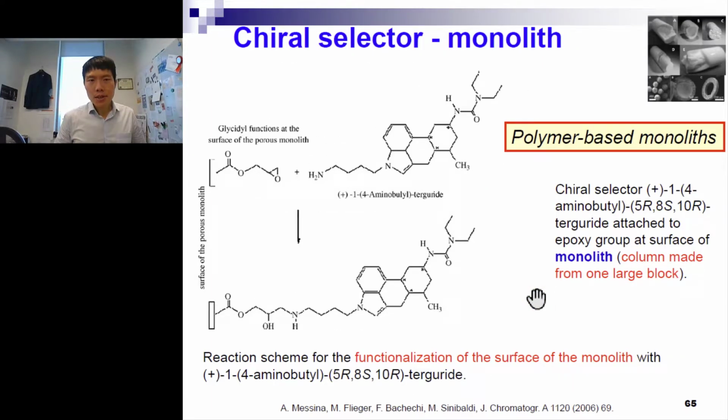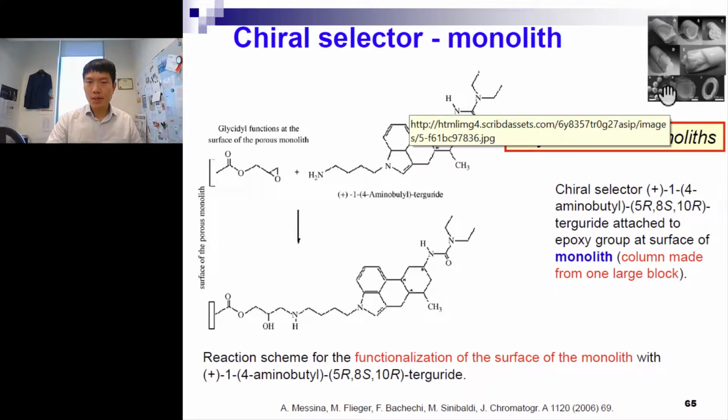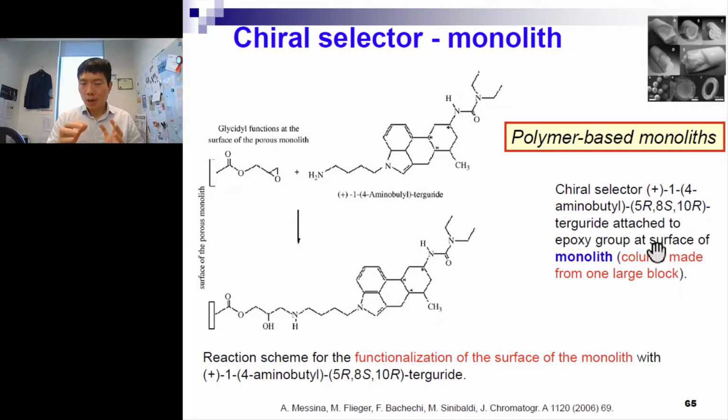Here is another classic chiral selector, the monolith. You can see we use an SEM, scanning electron microscope, to see. These are polymer-based monoliths, like tubing. We can explain it as a column made of polymer with large blocks.